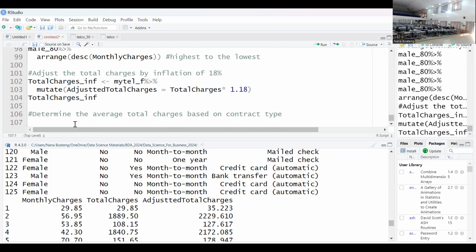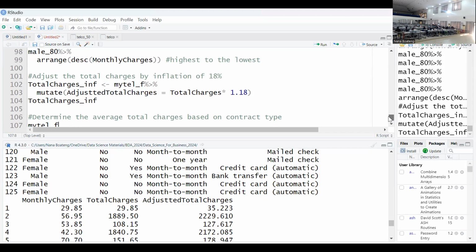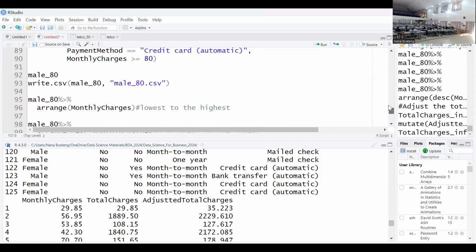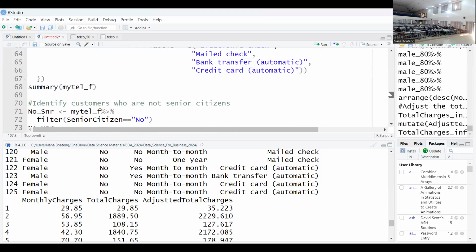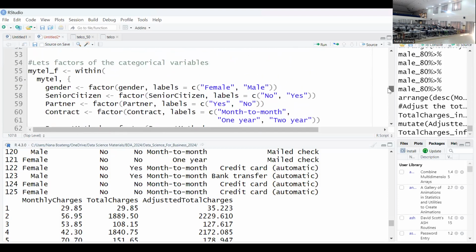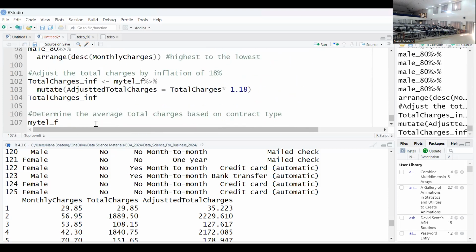Okay, so first of all, let's take our data set, which is Mitel. Okay, Mitel underscore factor.